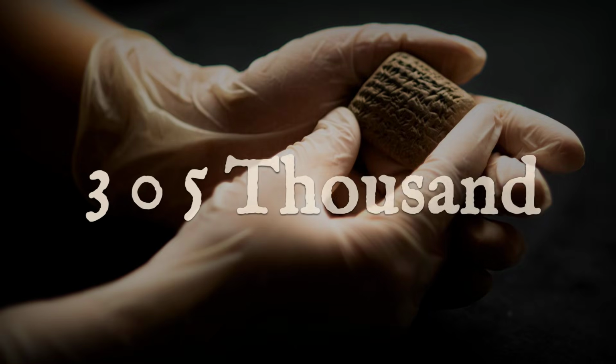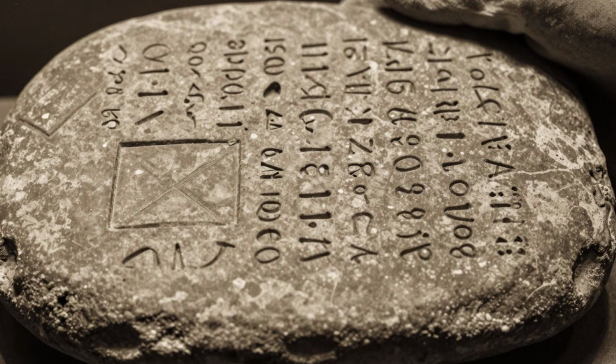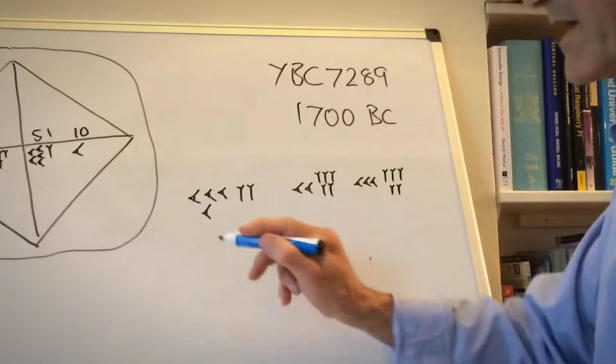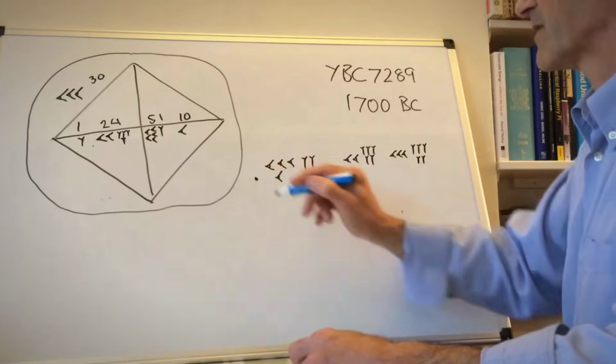Work it out, and you get 305,470 divided by 216,000. That is 1.41421296. The question that follows immediately is why 60?